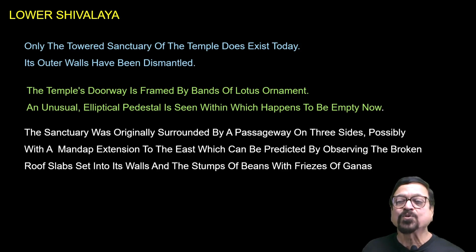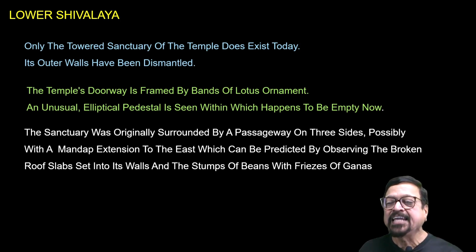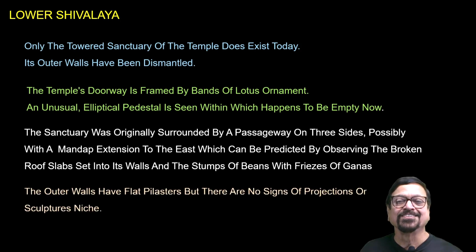The sanctuary was originally surrounded by a passage on 3 sides, possibly with a mandapam extension to the east, which can be predicted by observing the broken roof slabs set into the walls and the stumps of the beams with the phrases of ganas.